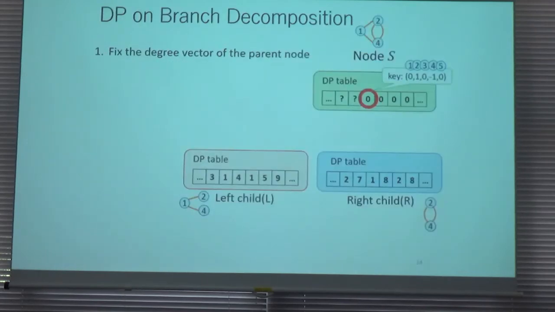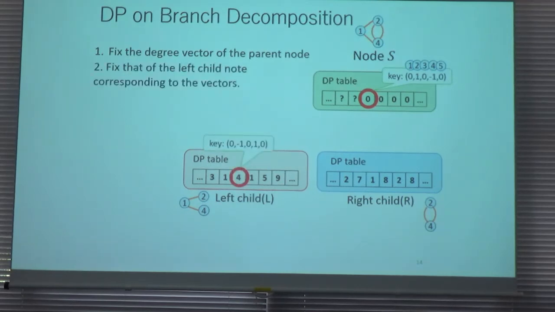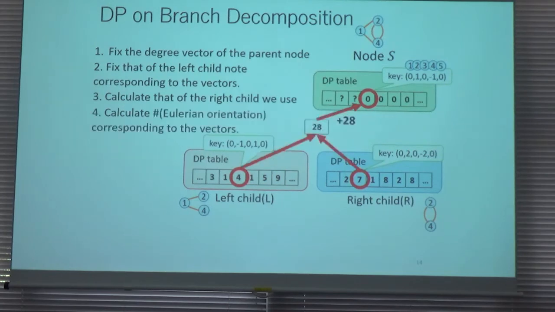In this case, our algorithm becomes this. First we fix the dynamic programming table which we want to access, and then we fix the key value of the left child. By fixing them, the right child becomes uniquely determined, and so we can add them.